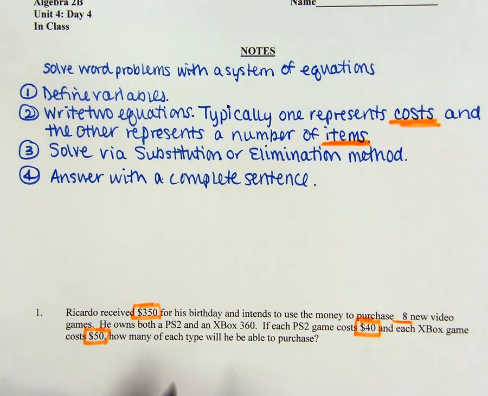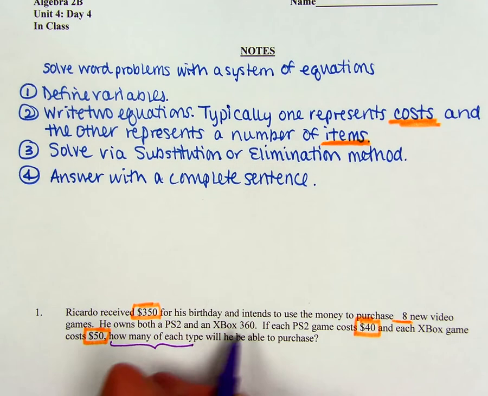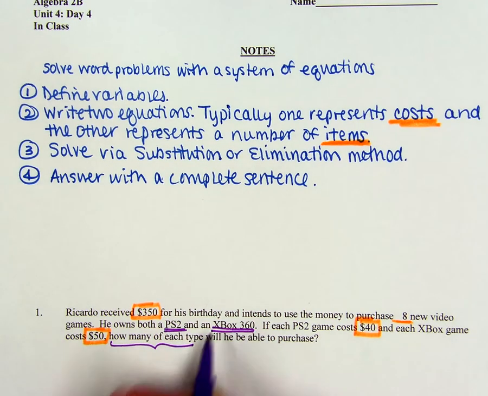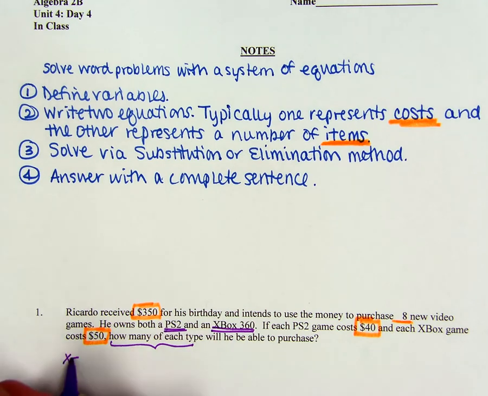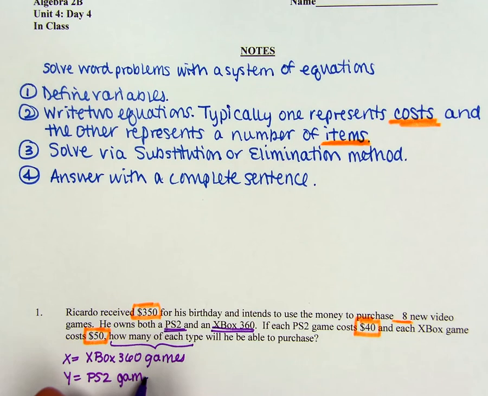What are we looking for? How many of each type? Well, there's two types of video games. We've got PS2 video games and Xbox video games. So maybe let's go with X for Xbox and Y for PS2 games. You don't have to use X's and Y's. You can use whatever letters you want, but for this problem, this should work.